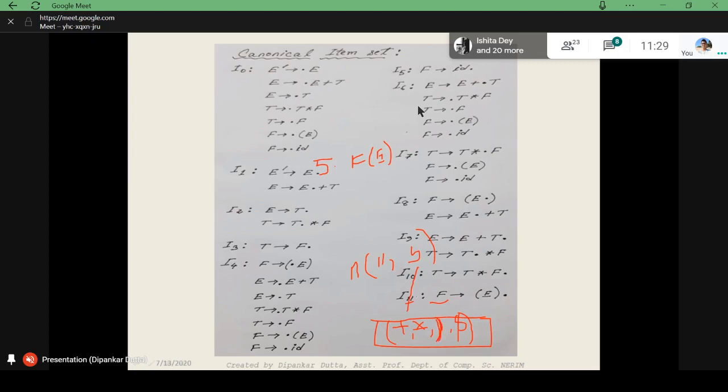In M of 11B, we write reduce 5. That is, reduce F implies left bracket E right bracket. You can write this complete one, but now we will write R for reduce and the production number 5.